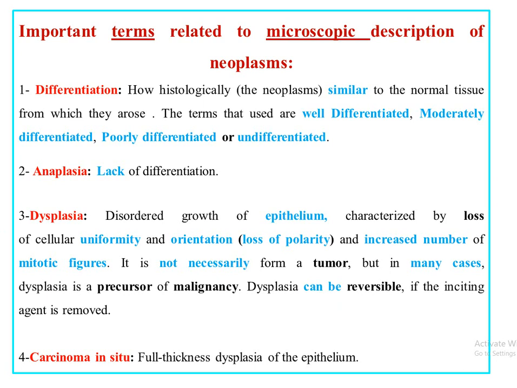Here are very important terms used to describe the microscopic features of neoplasms, particularly malignant neoplasms. The first one is differentiation.